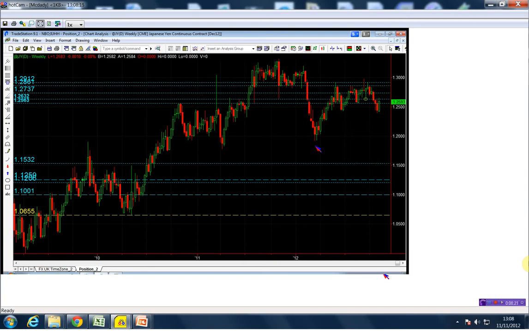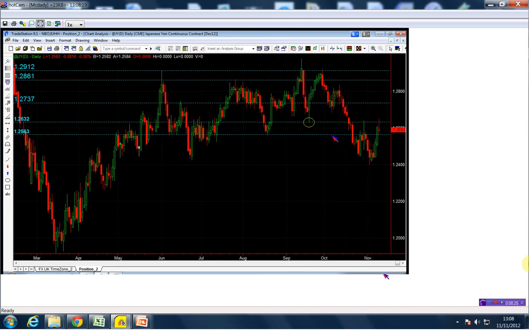And then we turned back, and again it is the duration of the election, and we turned around, we came back above another structural point, or a significant point, which is the 125.63. We pushed higher, testing the 126.32, and then we sold off, and we closed the week at 125.93.